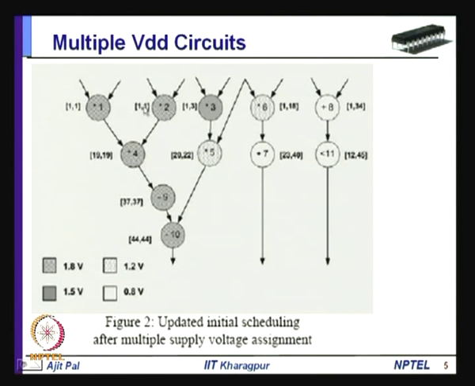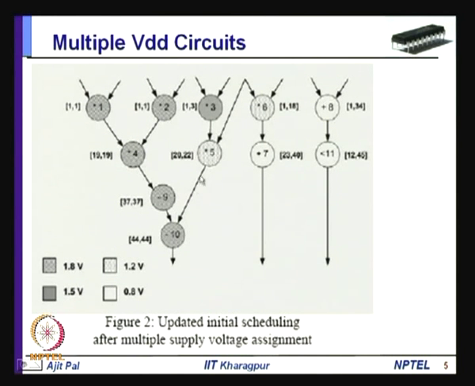As you can see, the multipliers and adders which are on the critical path have been given the voltage 1.8. That means these modules will operate at 1.8. On the other hand, this multiplier is operating at 1.5 volt. This multiplier is operating at lower voltage 1.2 volt.